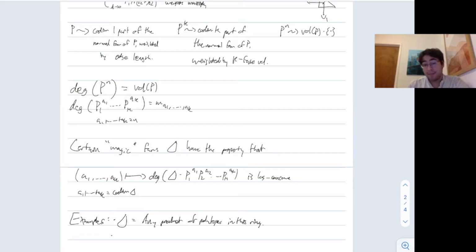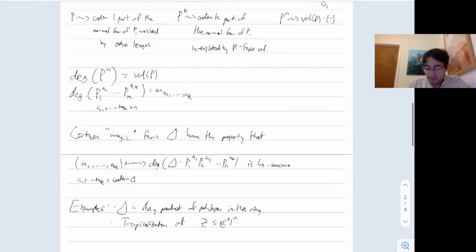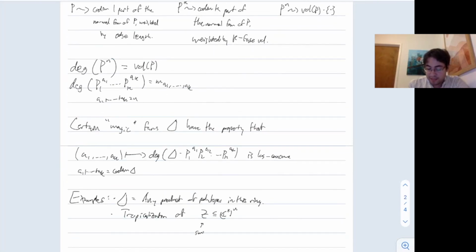The more interesting example, and this is the tropical Hodge theory, is anything which is the tropicalization of a smooth subvariety. So this has to be smooth. The tropicalization is some magic thing you can do to a subvariety of a product of C stars, just C without the origin.